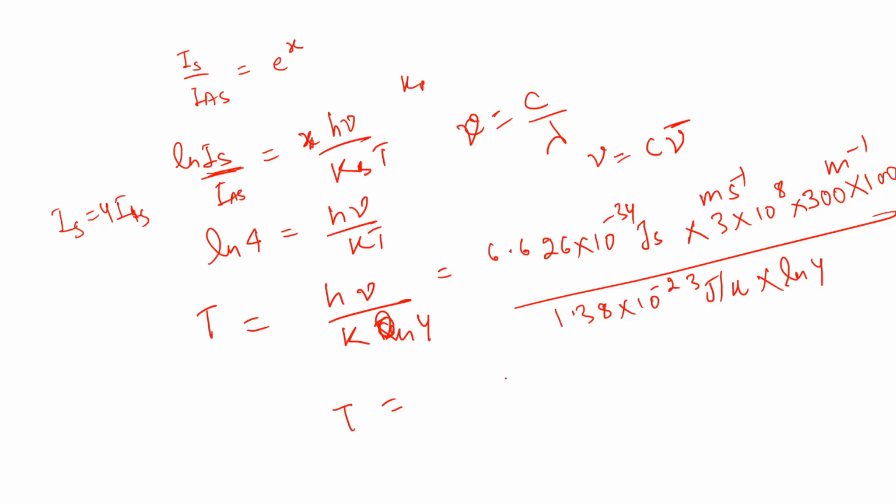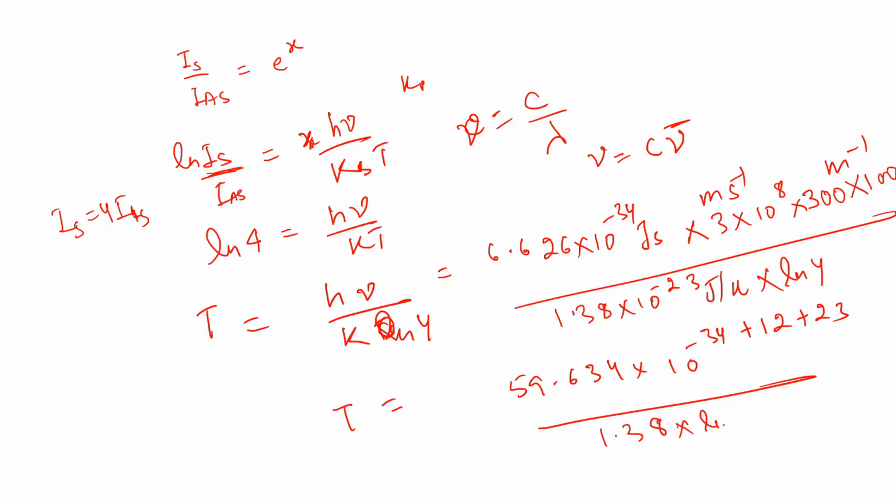After multiplying all this, we get 59.634 into 10 raised to the power minus 34 plus 12 plus 23, upon 1.38 log 4, and T equals 59.634 into 10 upon 1.9.